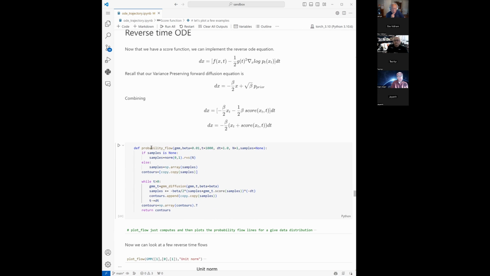This function then will run that reverse equation for some number of points. It samples from the original, in this case, samples from the norm, creates a whole bunch of points, migrates those points using that ODE, and then returns those points.